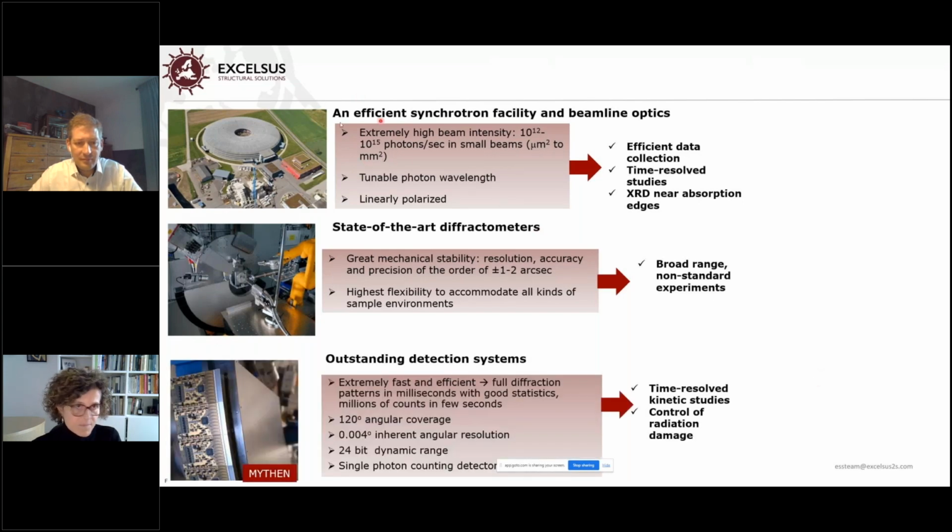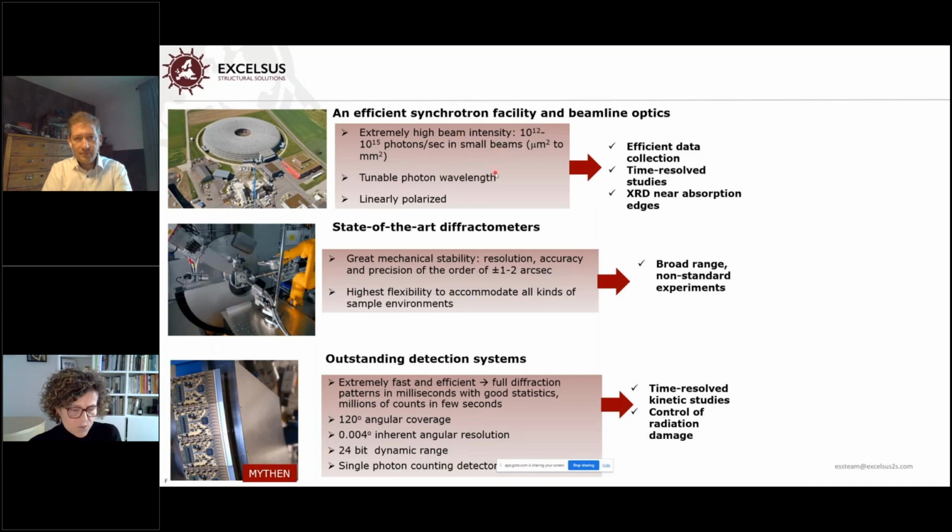Among the properties of synchrotron radiation, those particularly pertinent to synchrotron XRPD are the extremely high intensity of the beam, which allows us to collect data very rapidly and to afford detection systems that consume photons very much.